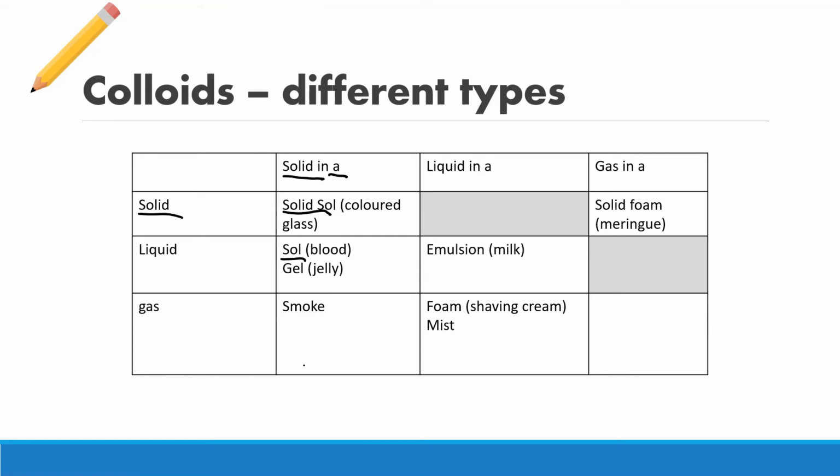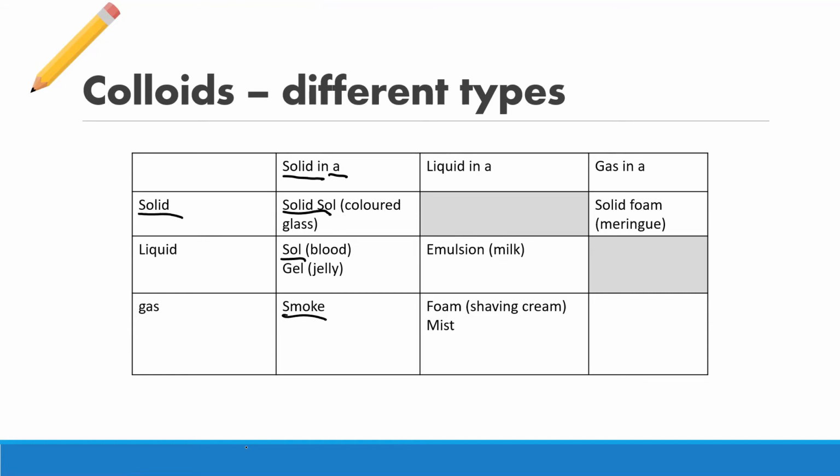The reason it's the solid, by the way, in blood is the cells, the blood cells, and the liquid would be water. Then you've got solid in a gas, and that makes something like smoke.